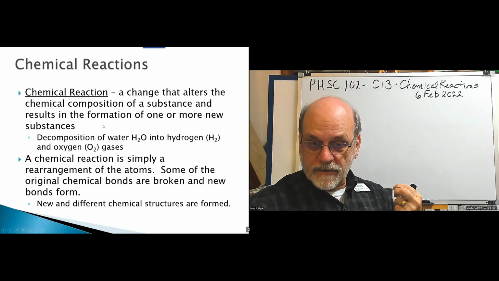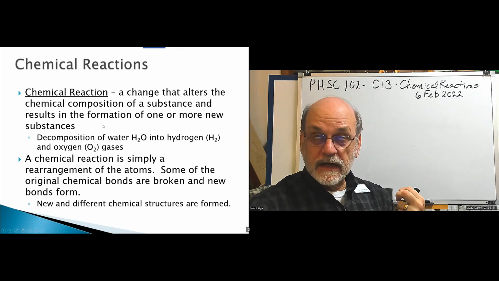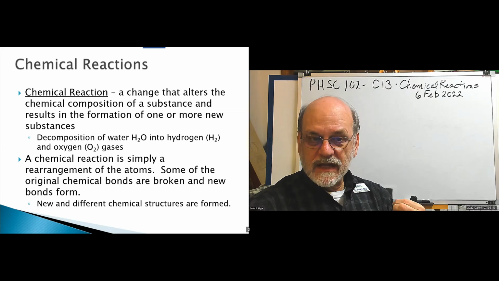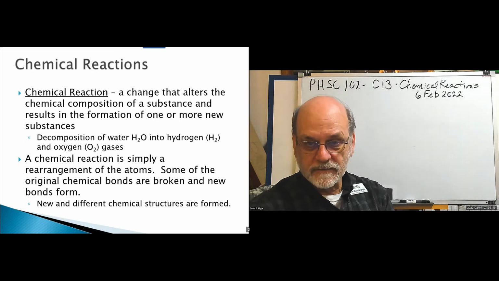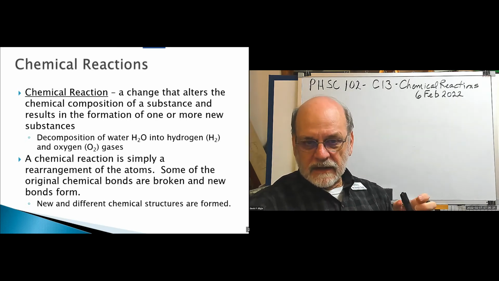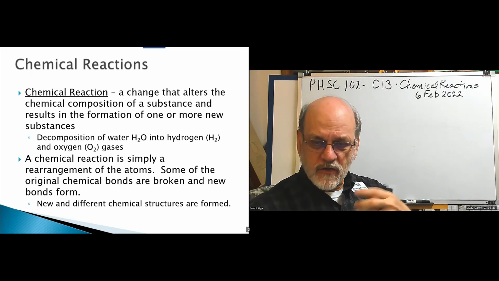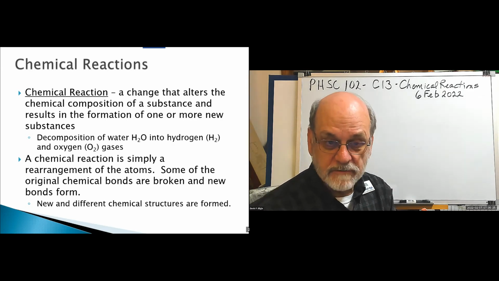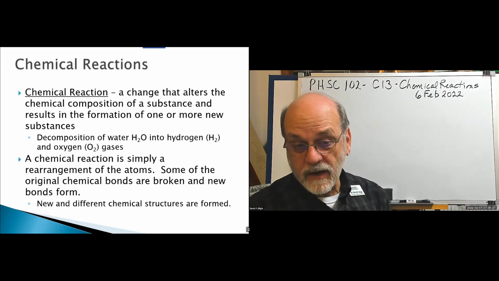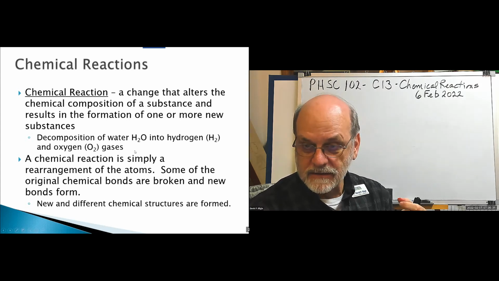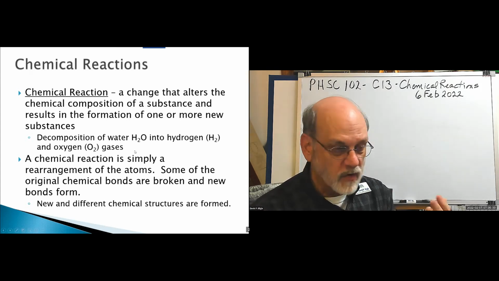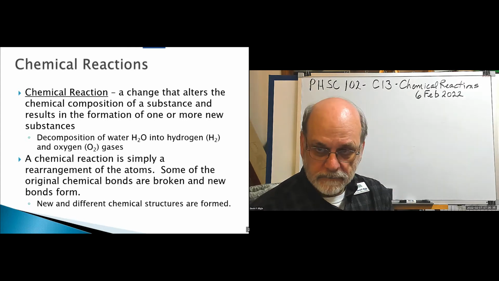And the way we describe that change is in a form of notation called a chemical reaction. So we can describe it in words, the chemical reaction. For our example here, decomposition of water into hydrogen and oxygen gases. And you can do that. All you need is water.